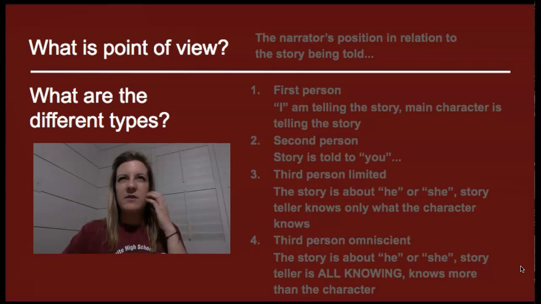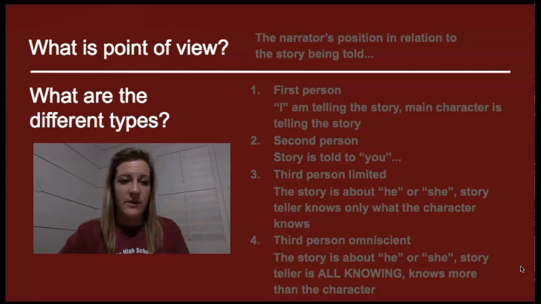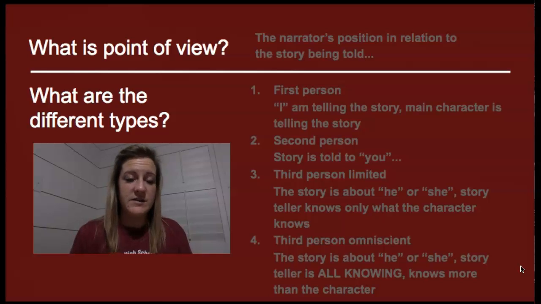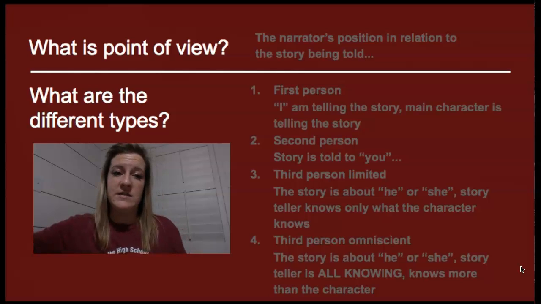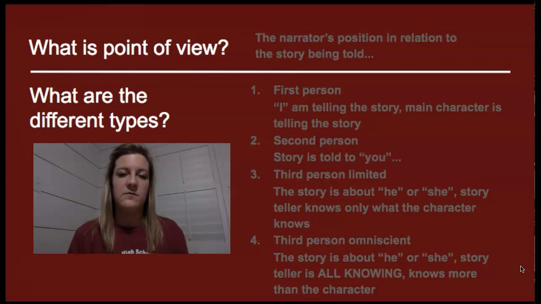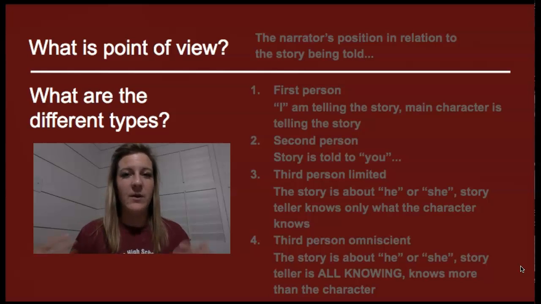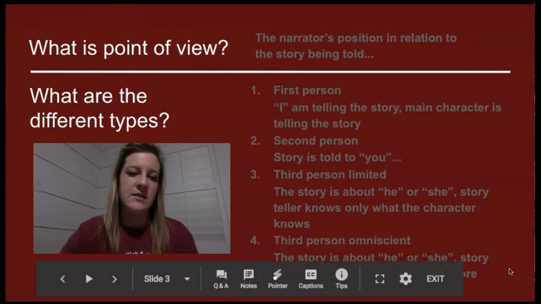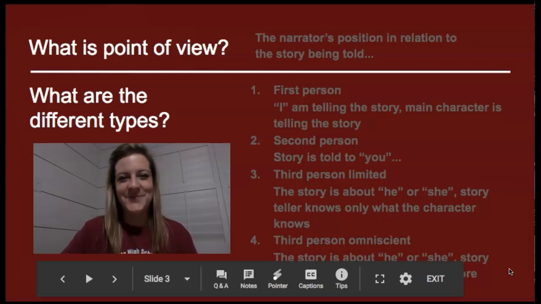And I think we can relate this a lot to real life, whenever you are telling a story that you lived versus a story that you saw happening versus a story that your friend is experiencing. All stories might be the same actual story, but the way they're told brings a different light to it. Okay, so just a little perspective there, or a little point of view, if you will.